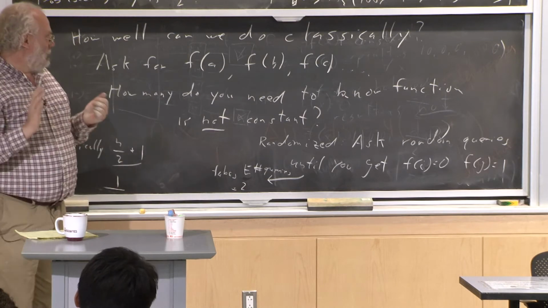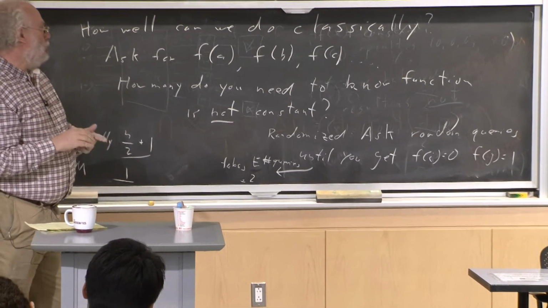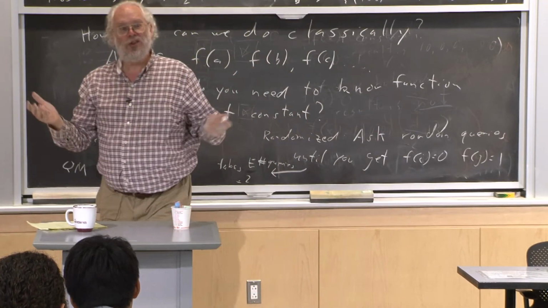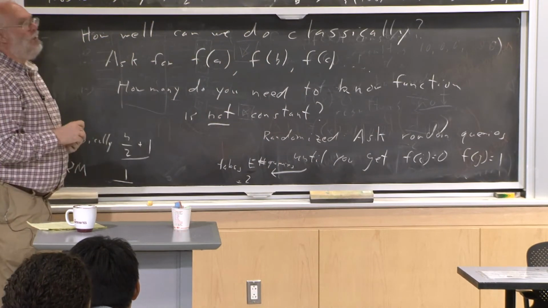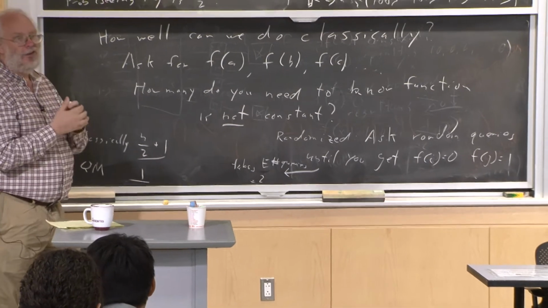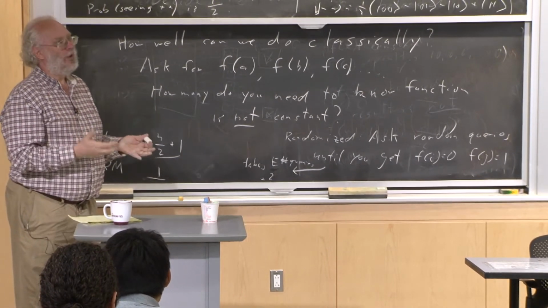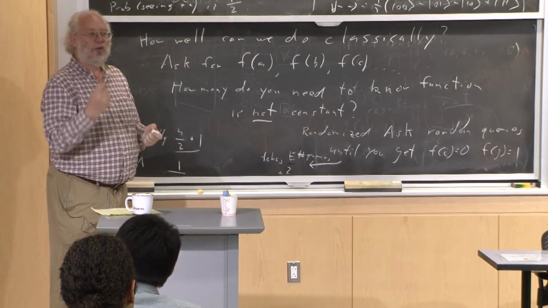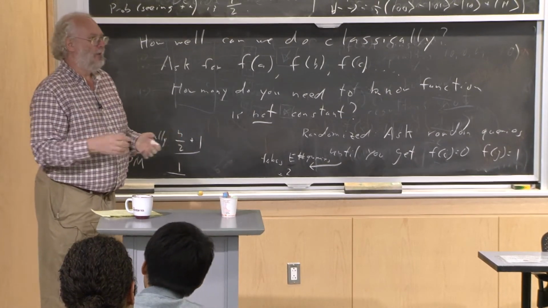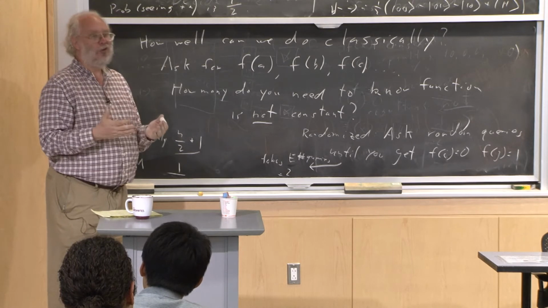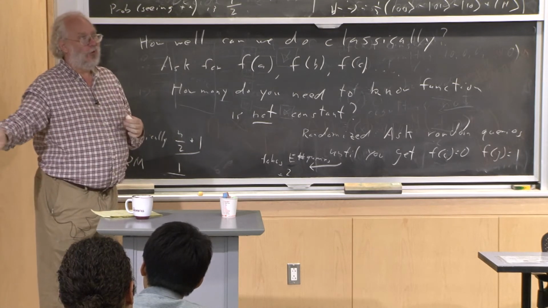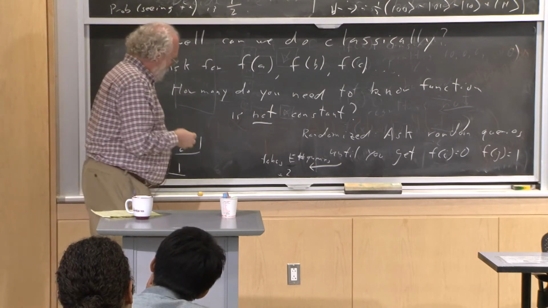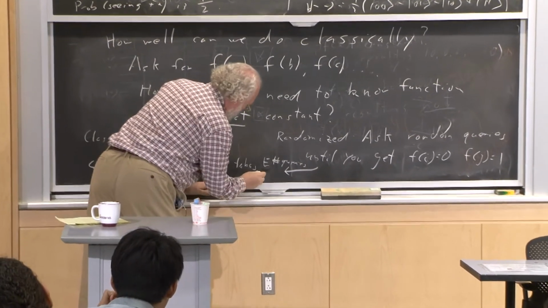Actually, it takes expected number of queries equal to 2 if you're really stupid about asking random queries and you don't check whether you've asked this query before. Because then the first query, well, we might as well assume it gives you 0. And then each additional query has a 1 over 2 chance of giving you 1. So the expected number of additional queries you need to ask is 2. So this is 3.